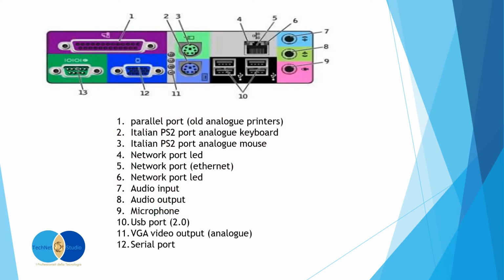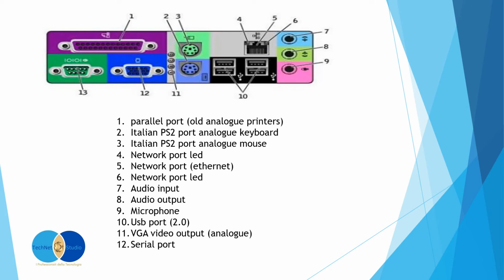In this image, we have a scheme of the ports to which we can connect our input-output hardware. The first is called the parallel port, which is the port to which all the printers were connected. The second one is the Italian PS2 port for the keyboard.